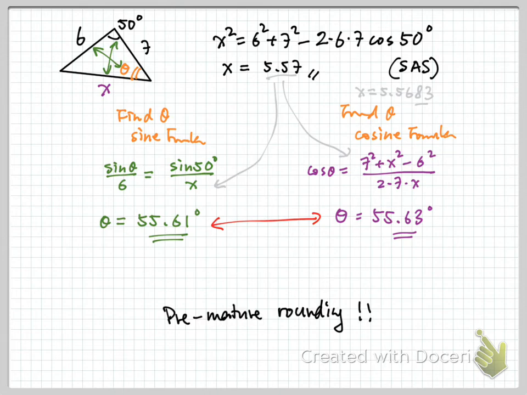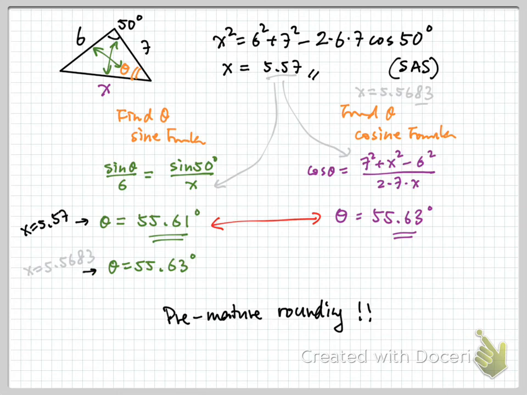If I use that value, I will have theta equals 55.63. Try that on the calculator. In the first one I took x as 5.57, so you have a different result.